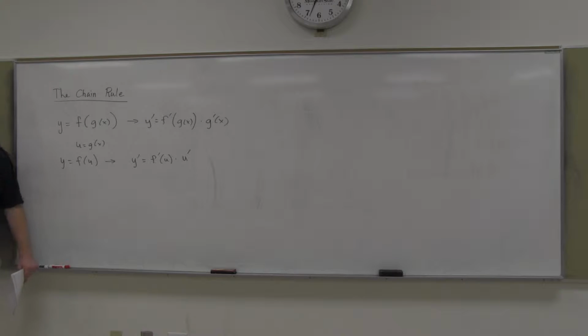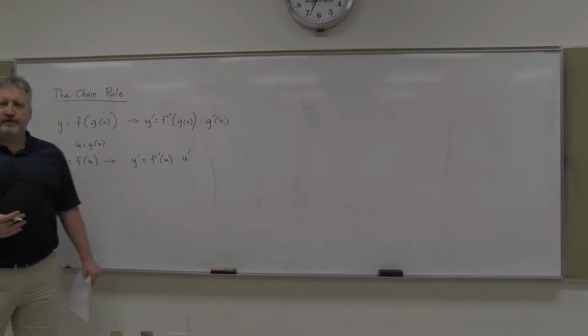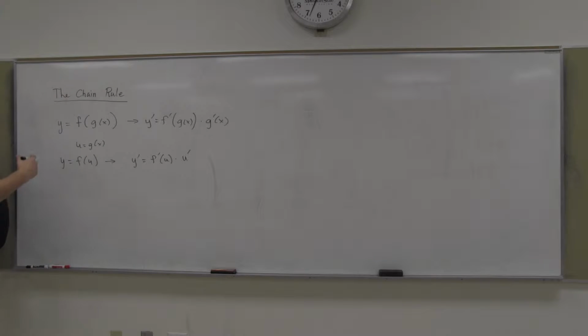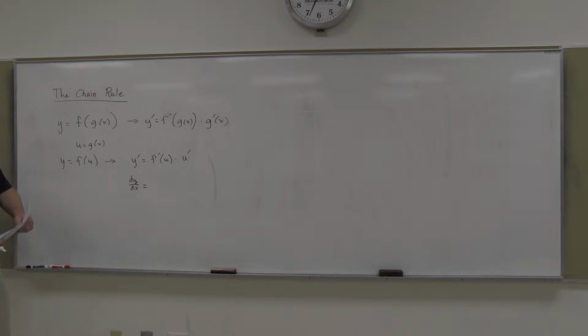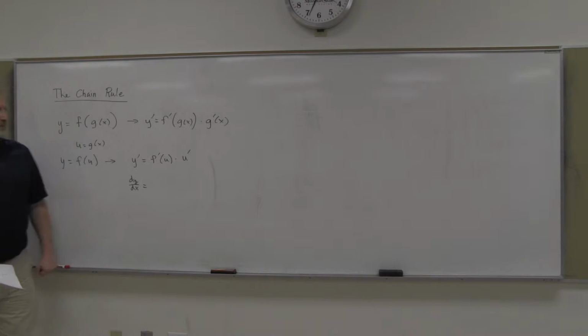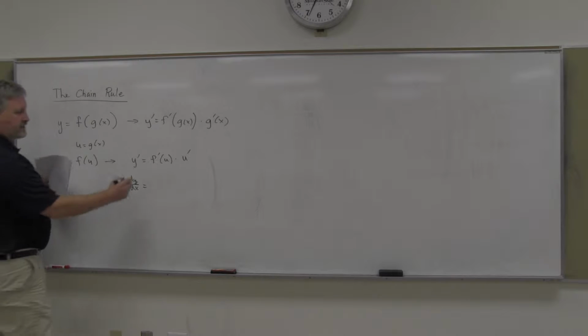The notation we're going to use is more along the Leibniz notation, and so what I'm finding here is dy over dx. To write this in more Leibniz way, here's what it is.